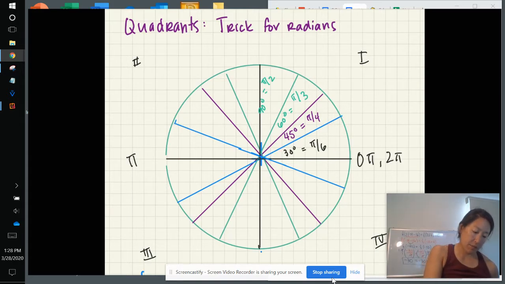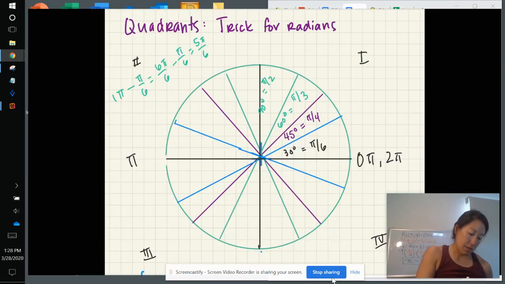So what I'm going to end up doing is pi minus the blue wedge, pi over 6. So I'm going to write 1 pi as 6 pi over 6 minus pi over 6 will give me 5 pi over 6. So this blue angle is 5 pi over 6.